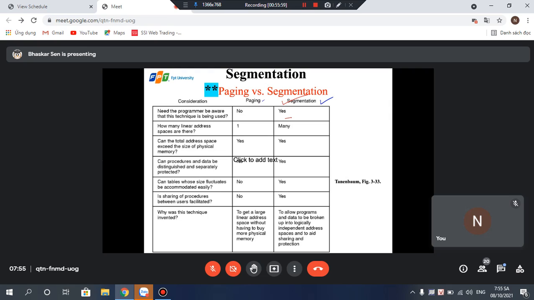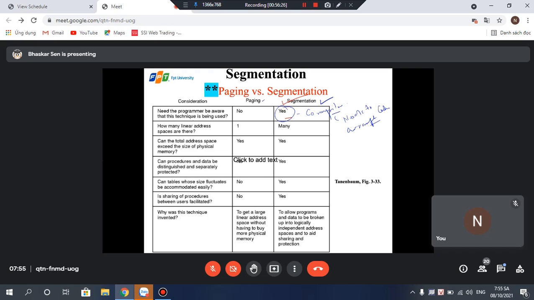Need the programmer be aware that this technique is being used? Yes, because it will be done by the compiler. So the programmer needs to put them in the right format, arrange the code.